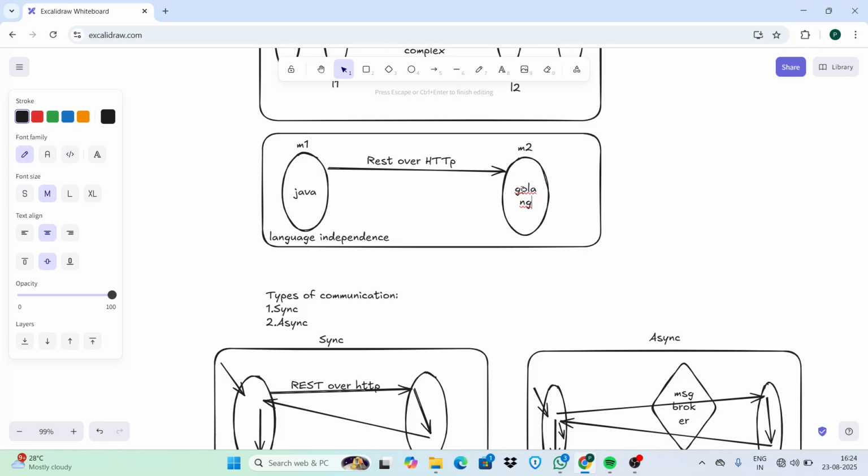Each person is a microservice with their own knowledge, which is the smart endpoint.